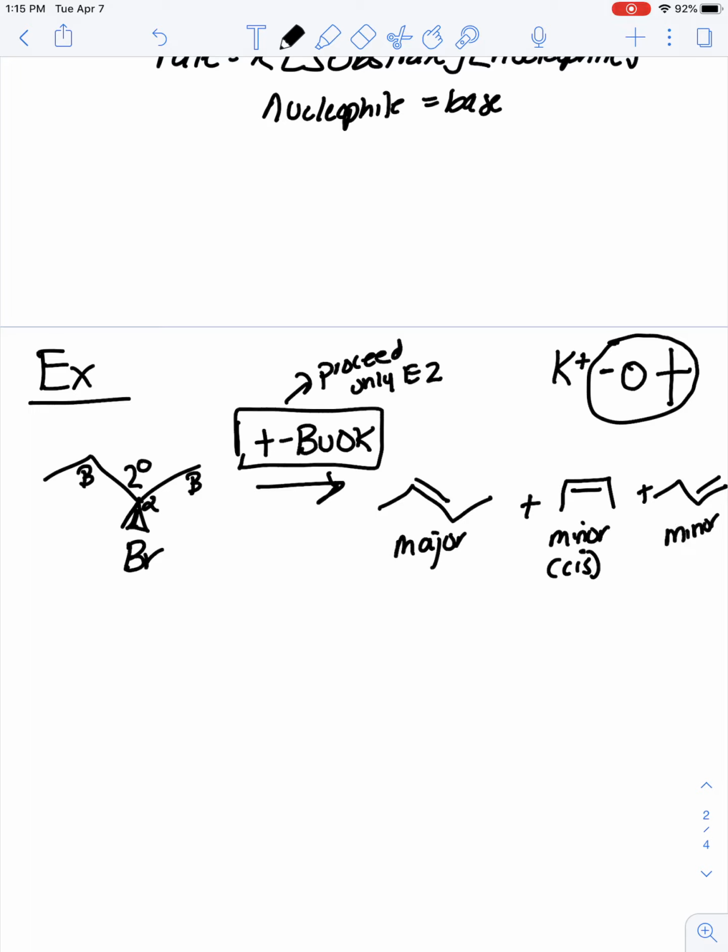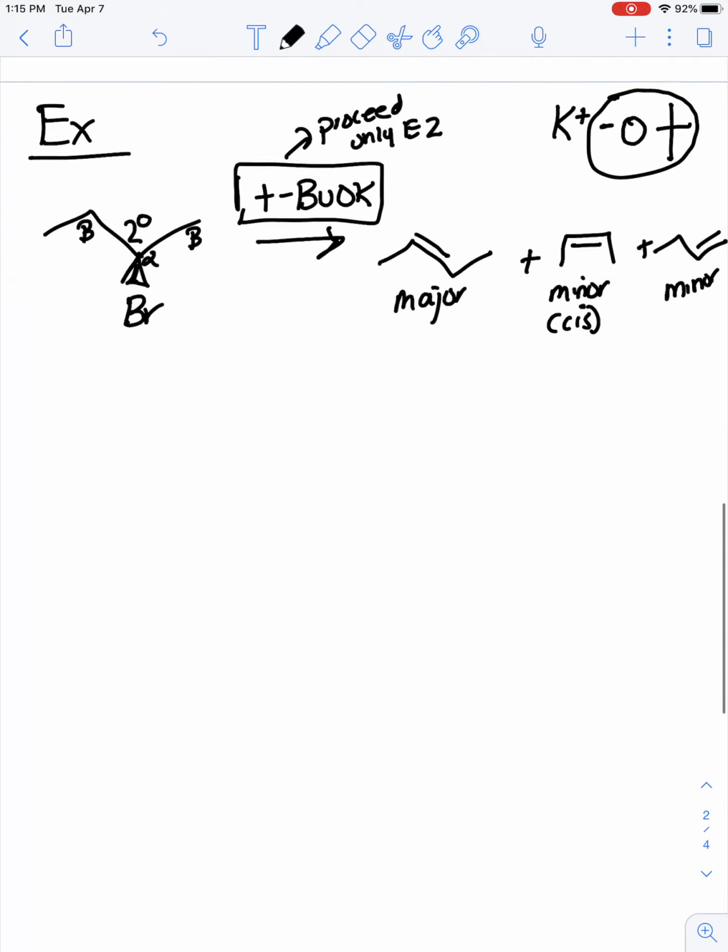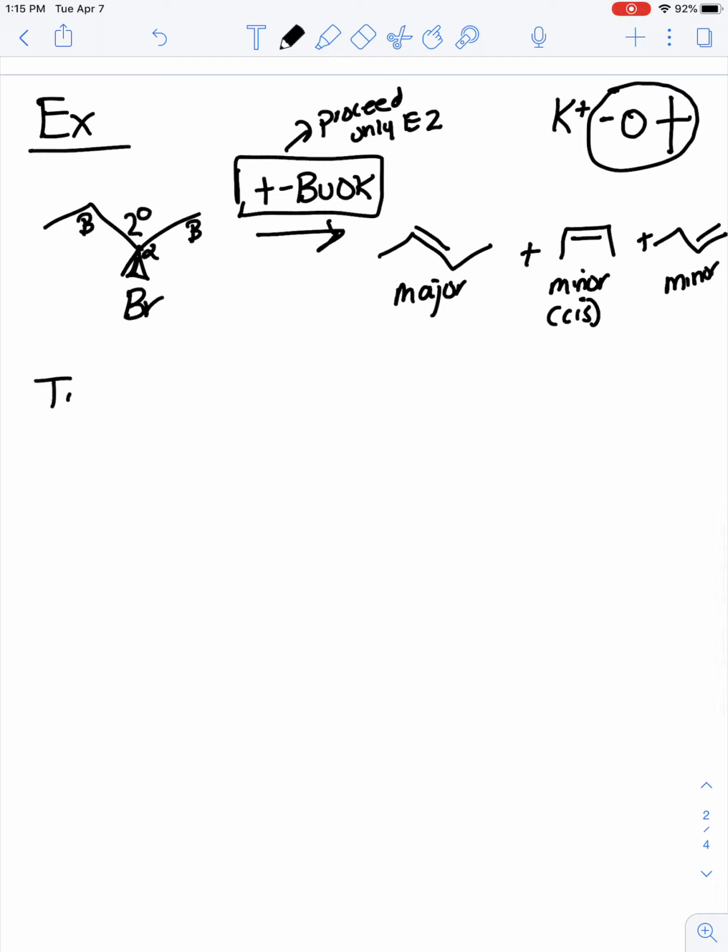In order to see which would be the major or the minor, the Newman projections are really going to come into play here. So let's look at our trans product. For the trans product, we're going to have something that looks like this.